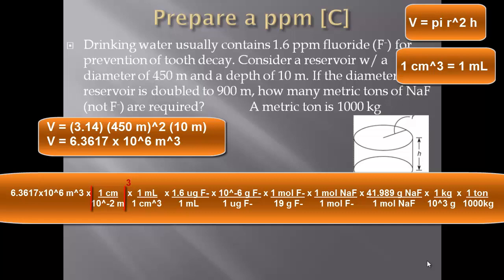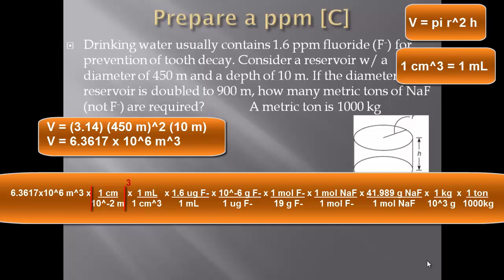And now you're in moles of NaF. So now it becomes kind of easy because all you do is convert back to grams. So in 1 mole of NaF, there's 41.989 grams of sodium fluoride, which all I did is just add the molecular weights of those two atoms. So now I'm in grams of NaF, and all I have to do is convert to metric tons, and that's simple. So I go from grams to kilograms, and from kilograms to a metric ton.